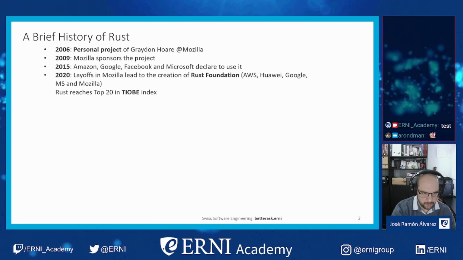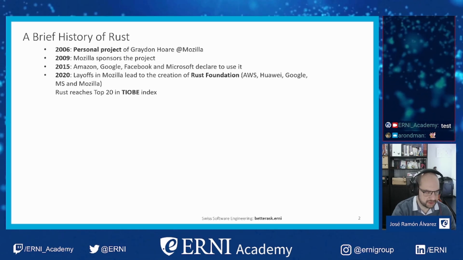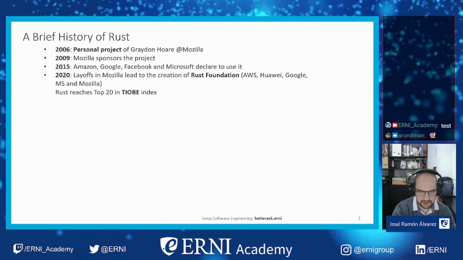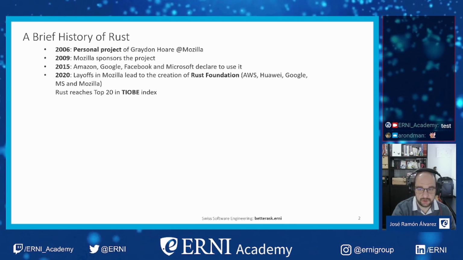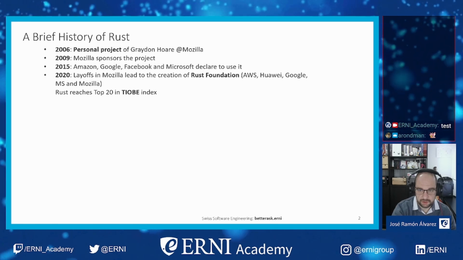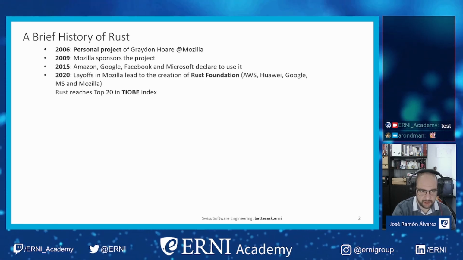But in 2020, a wave of layoffs happened at Mozilla, and that led to the creation of the Rust Foundation. Keep an eye on that foundation because it is an alliance between Amazon, Huawei, Google, Microsoft, and Mozilla.